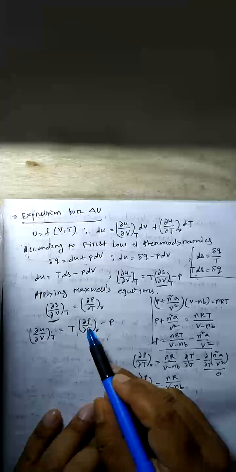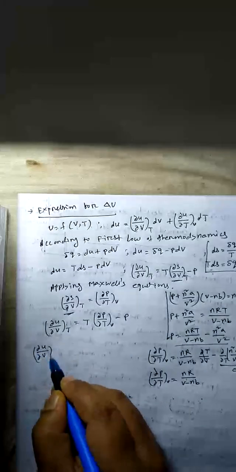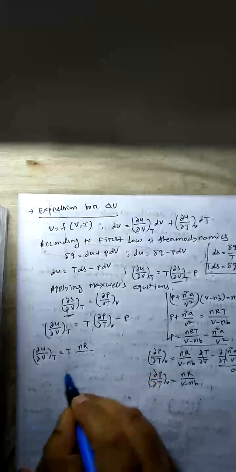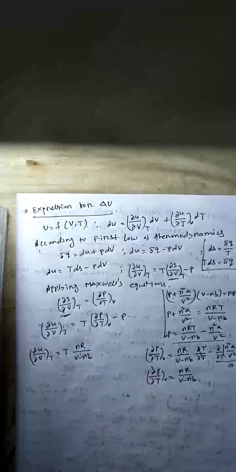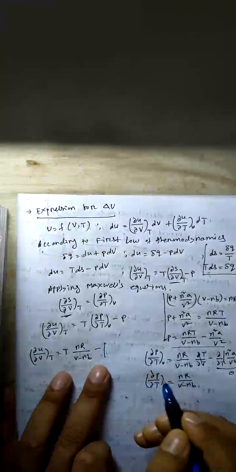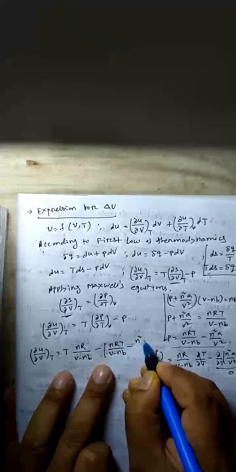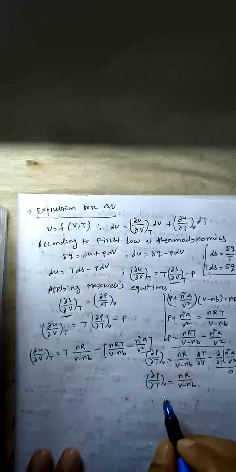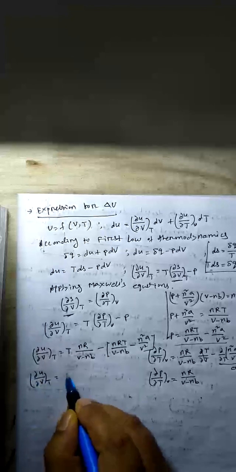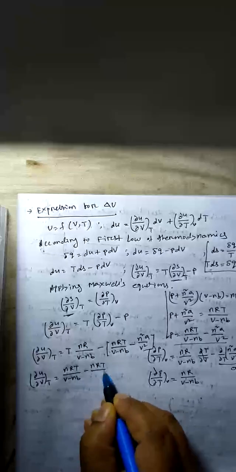So in place of ∂P/∂T, I put this value. Now my equation becomes ∂U/∂V at constant temperature is equal to T, instead of ∂P/∂T I put this value, nR divided by V minus nb, minus P. In place of P, I write this equation: minus, in square brackets, nRT divided by V minus nb minus n²a/V². Now multiplying, we get ∂U/∂V at constant temperature is equal to nRT divided by V minus nb minus nRT divided by V minus nb.